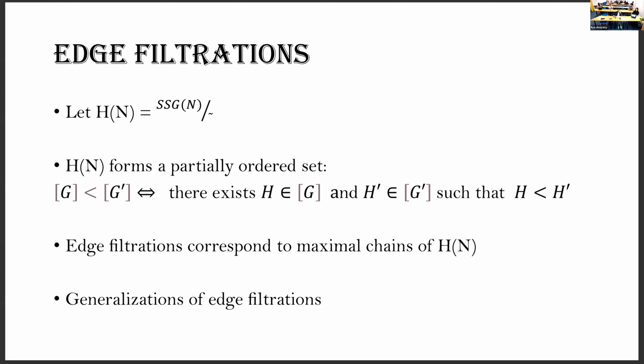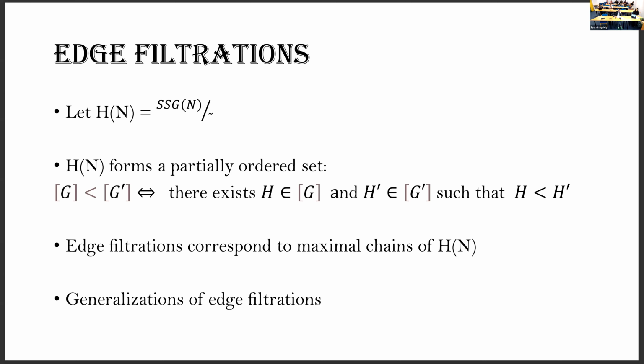If we have two equivalence classes labeled by G and G prime, G is dominated by G prime if and only if there exist graphs H homotopic to G and H prime homotopic to G prime, such that H is dominated by H prime with respect to the subgraph inclusion relationship.